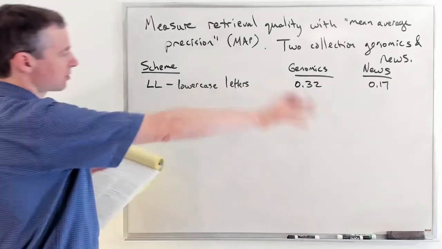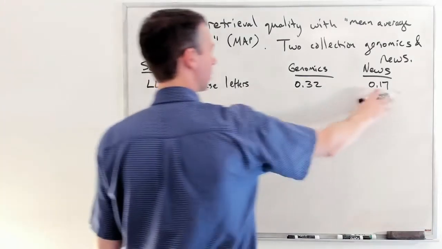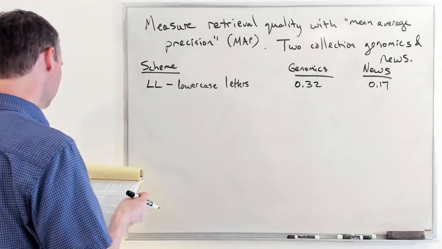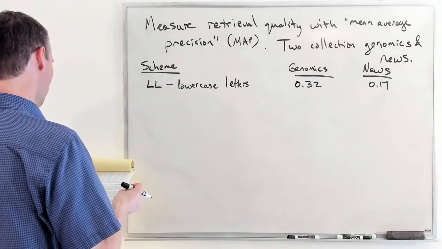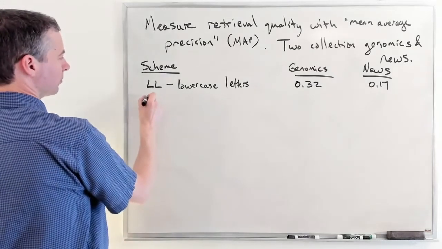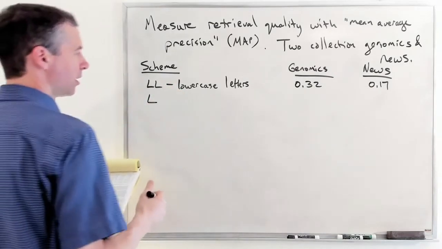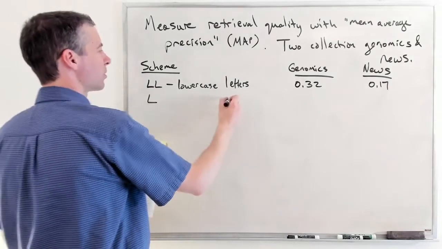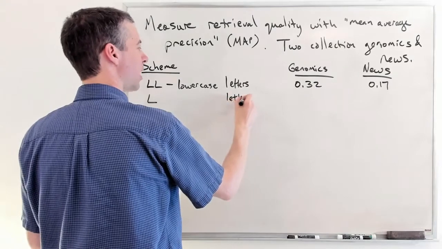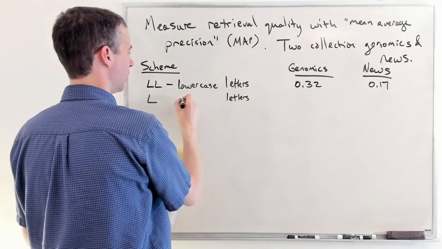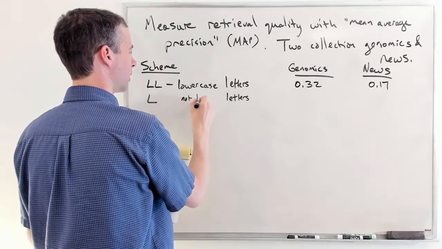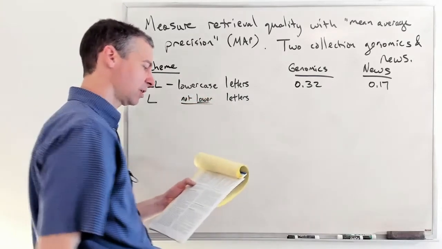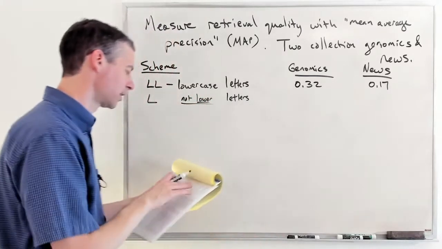Anyways, lowercase letters, trivial. These are our baseline scores with the language modeling methods. Then they try letters only, not lowercased, so we keep things case sensitive.